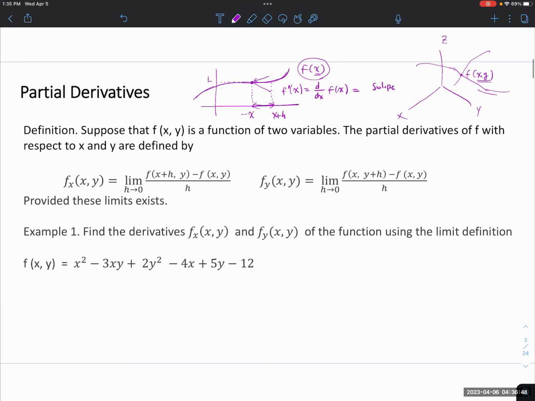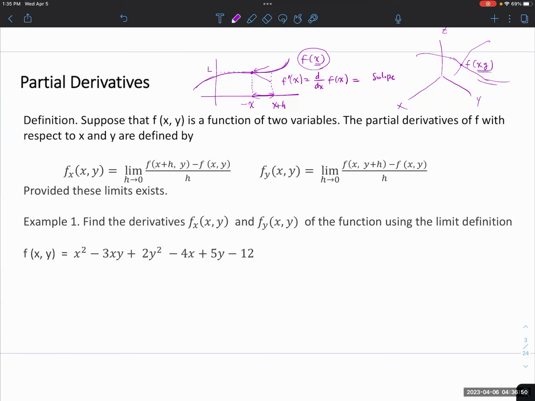So the definition of differentiation was this part. Do you remember? A long time ago, the slope: f of x plus h minus f of x, over h, gives you f prime of x.